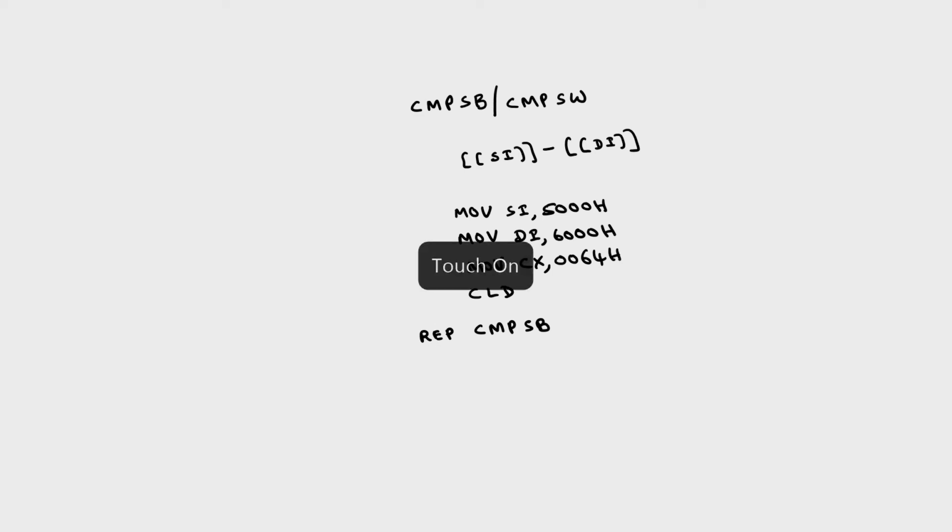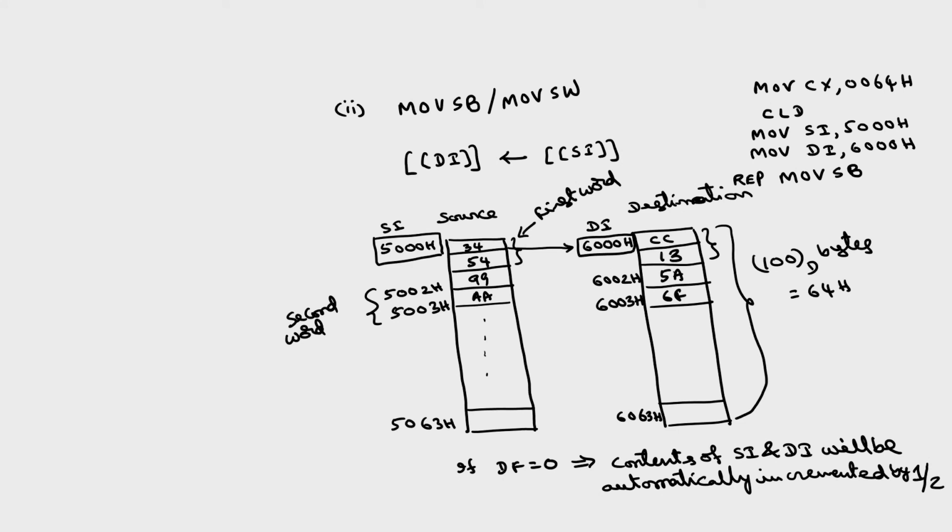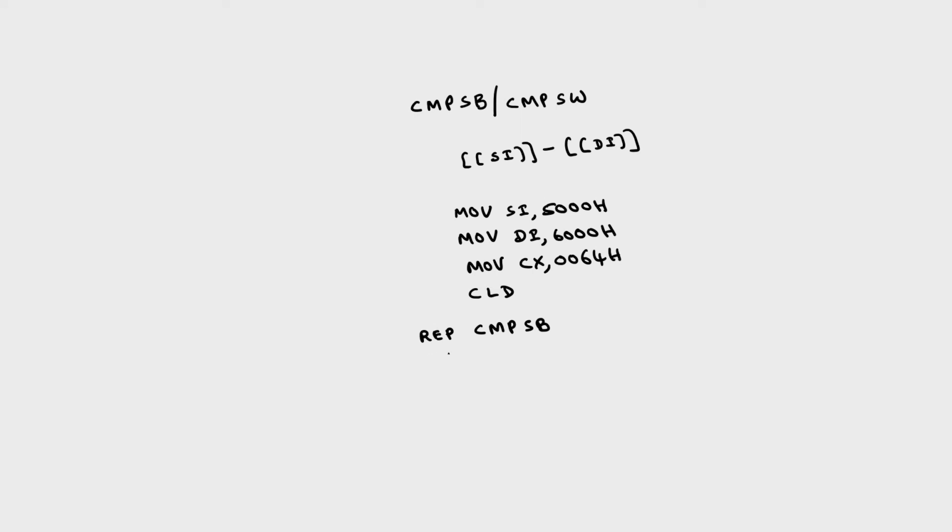In case of the move instruction, this is repeat only, whereas in case of the compare instruction, we can use repeat, or repeat equal or repeat Z, or repeat not equal or repeat not Z. These two are same, these two are same. We can use either repeat, or repeat equal, or repeat not equal.